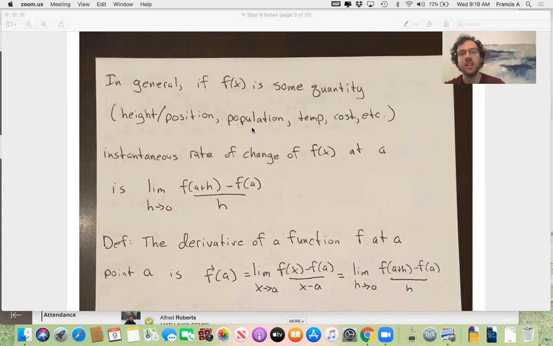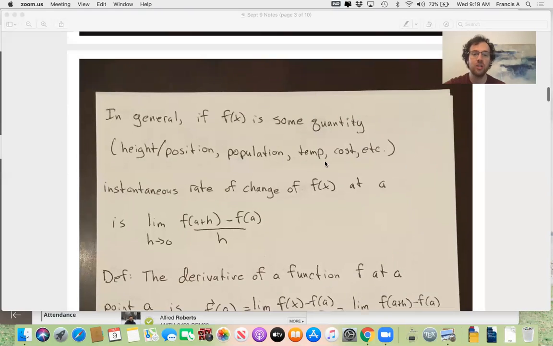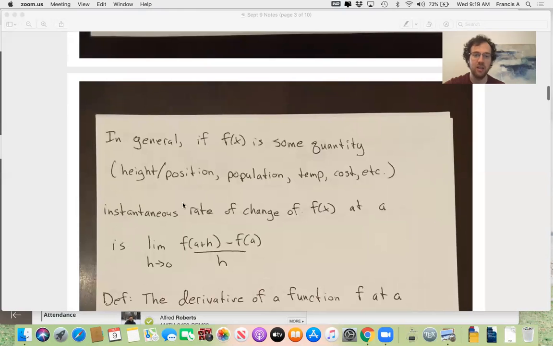Anytime you have a quantity which is changing, the instantaneous rate of change of that quantity is represented by this limit. Arrived at through really the same way that we got to instantaneous velocity.